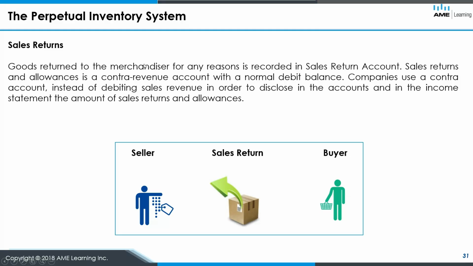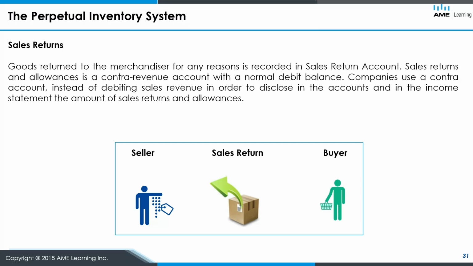And so sales returns, as I mentioned, is going to be in the sales returns contra revenue account. And the reason that we use a contra revenue account is that it allows us to analyze the returns, how much returns there were, directly.